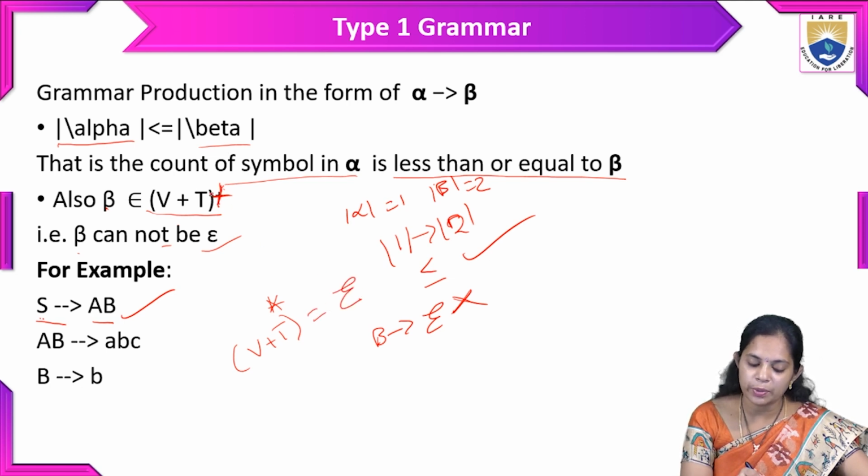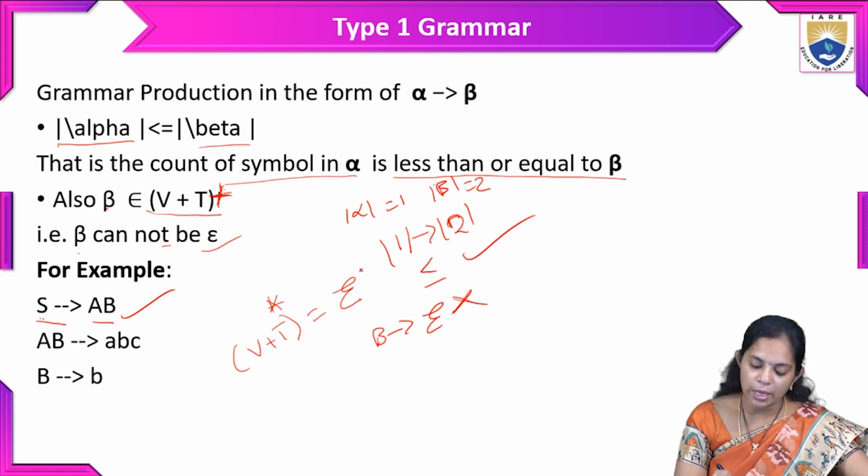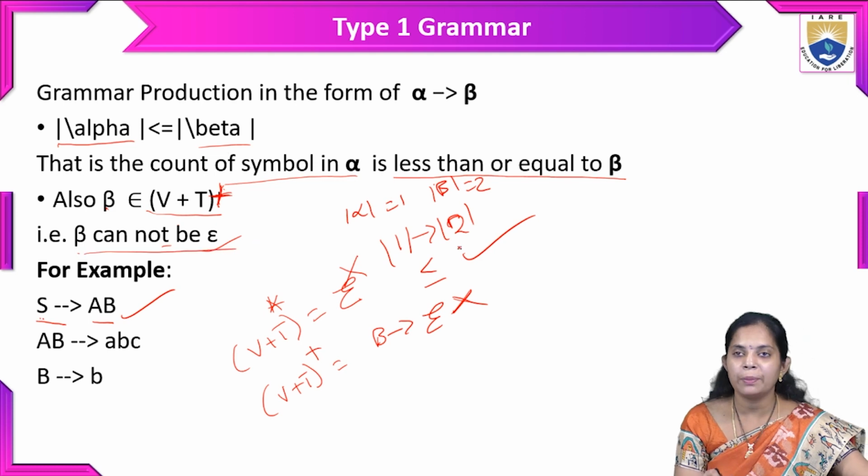And here this beta, which we are writing as a plus symbol, so epsilon is not included in the plus. So beta cannot be epsilon.